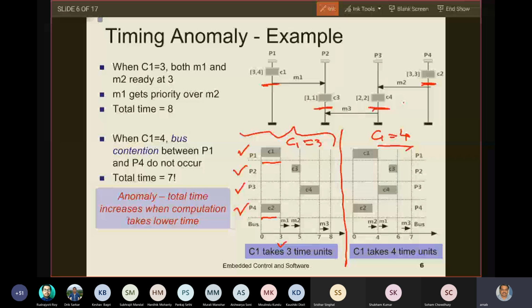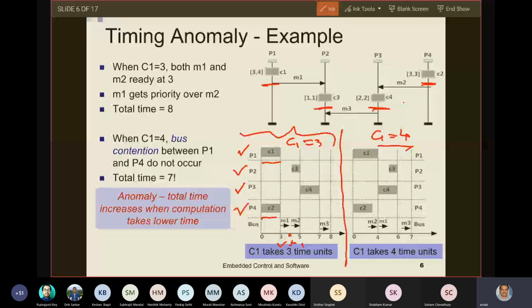And after M1 completes, M2 starts on the bus, and it gets to processor P3 at time 5, and M1 reaches processor P2 at time 4. At P2 at time 4, task C3 can start executing, and task C3 takes only 1 unit of time, so it completes execution on processor P2. And then what happens?